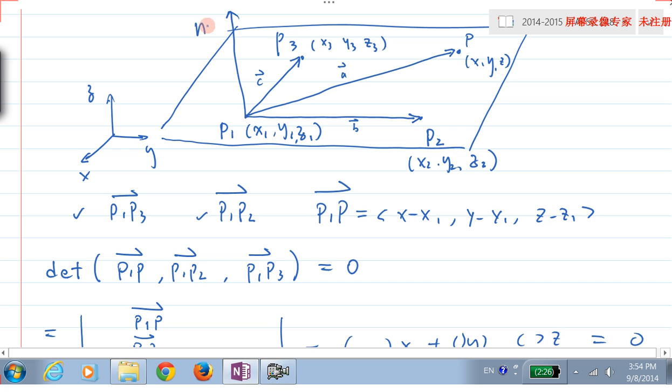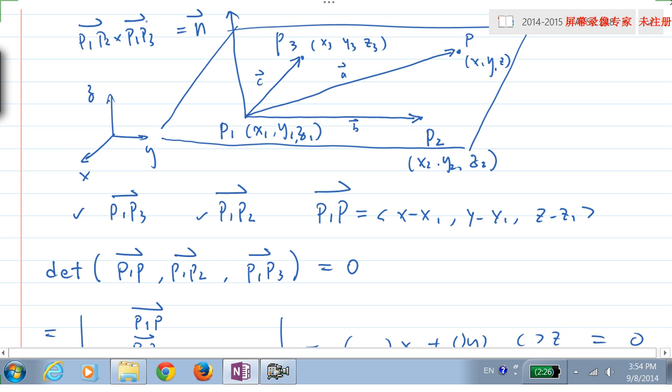Perpendicular to the plane. This is the cross product. So I'll let n equal P1P2 cross P1P3.